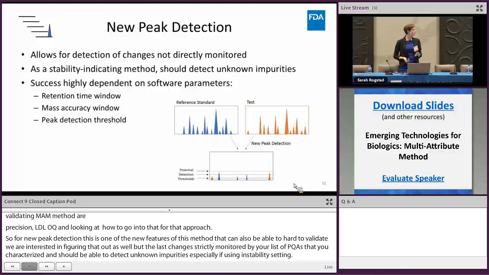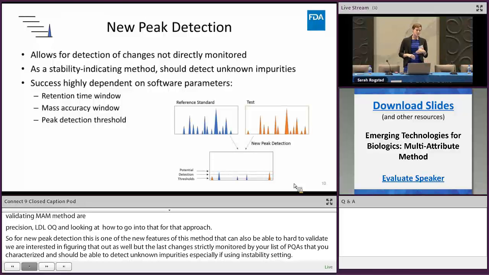My example in the picture here is looking at the peak detection threshold. So if you have an LCMS chromatogram of your reproducibility standard, as you see in blue, and one of the test sample, which you see in orange, if you do a differential analysis, you can see that there are several peaks that are present in one or the other. Depending on where you set your detection threshold, you may or may not see some of these peaks.